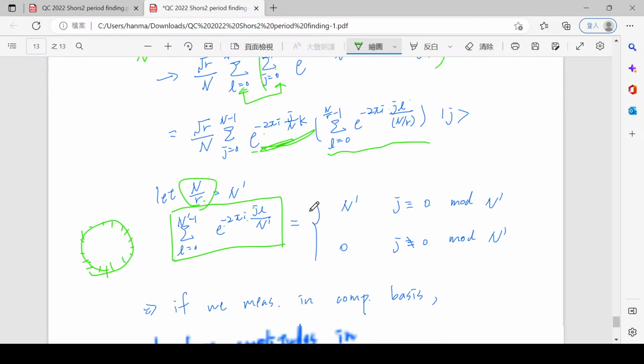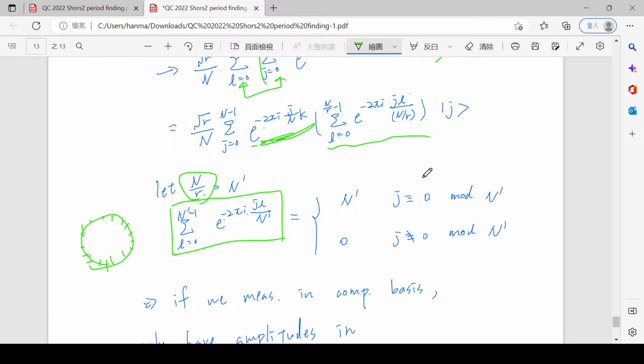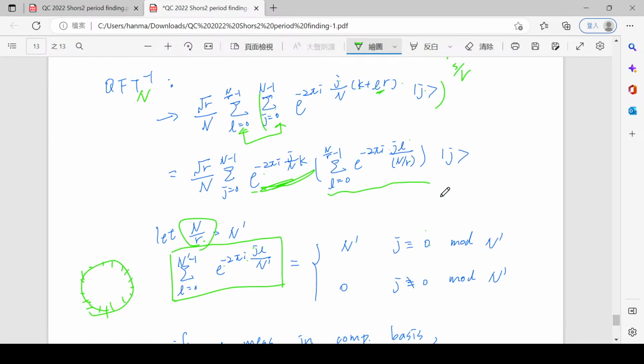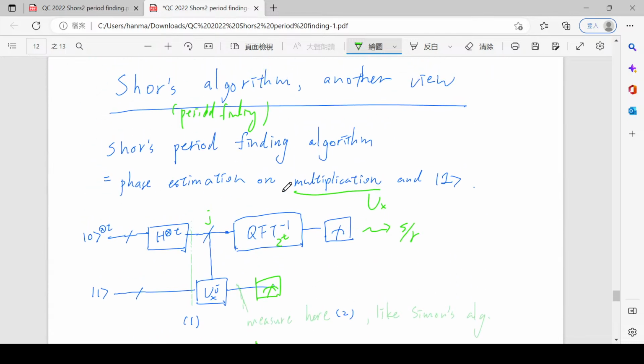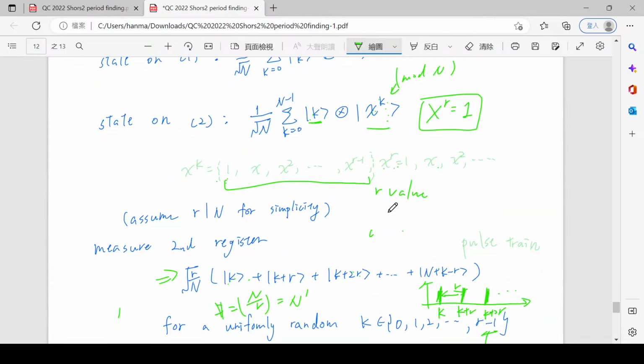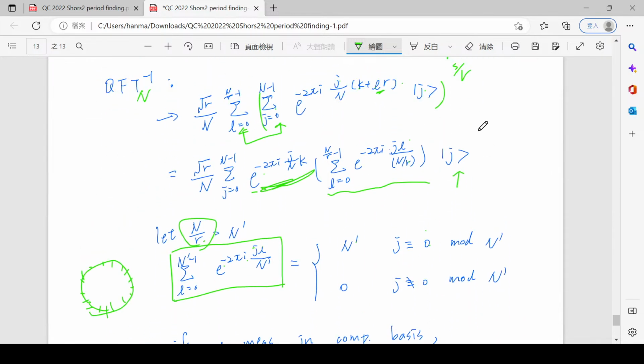Okay, so this part is this. Now we think about what happens if you measure this register. This is what's going to happen because we're at the end of the algorithm. We've done our QFT inverse and we want to do a computational basis measurement. So which J actually have amplitude, and how much?